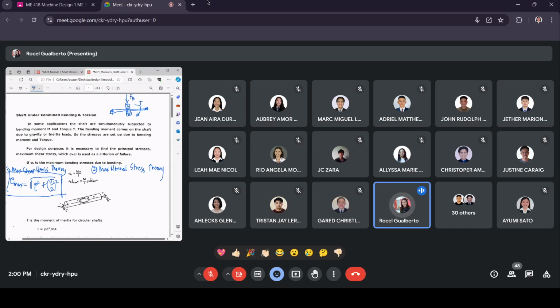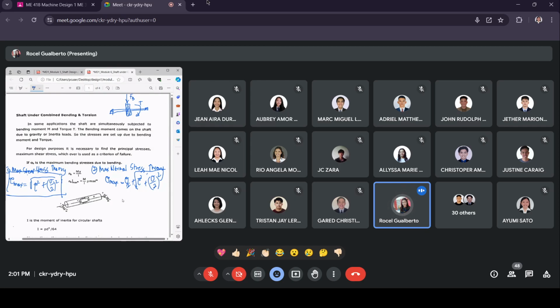And under maximum normal stress, the symbol we will use is sigma maximum. And this is simply equal to sigma over 2 plus the square root of tau squared plus sigma over 2 quantity squared. So this is the equation for your sigma max.